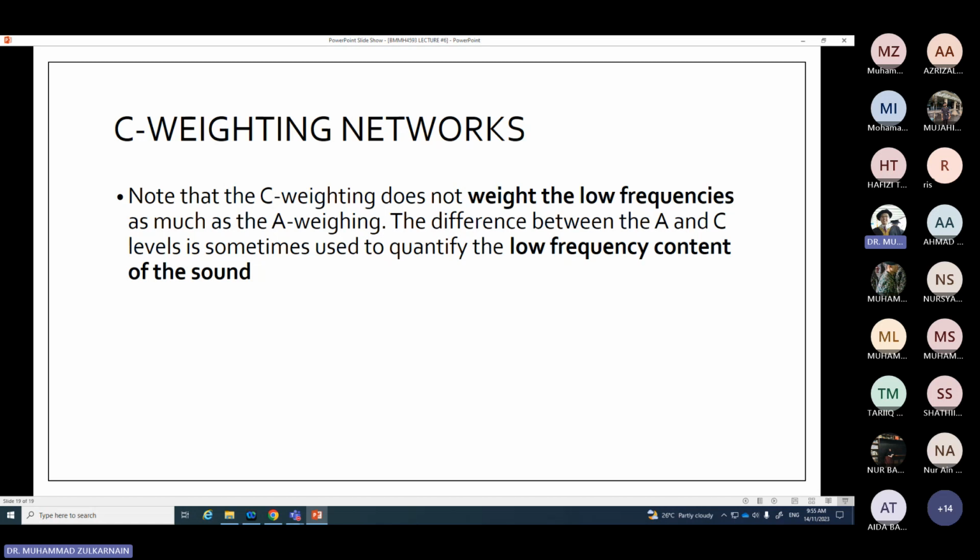So, as mentioned in the text, C maybe does not play with the low frequency. They will play with the high frequency. So, as mentioned in the graph before, the A level weighting covers low frequency also.